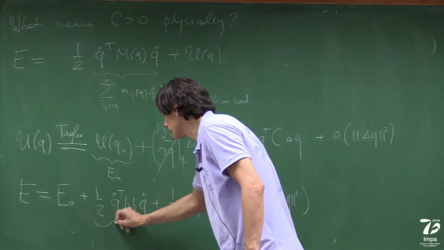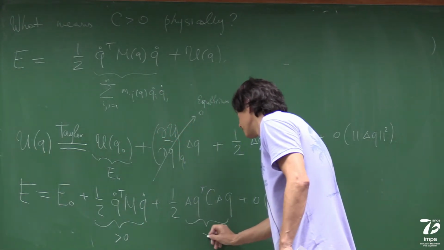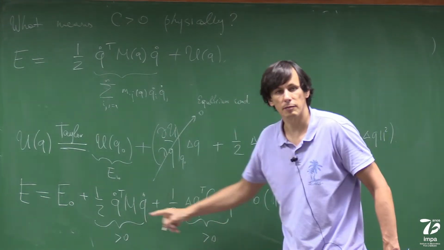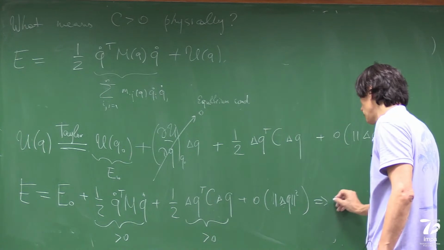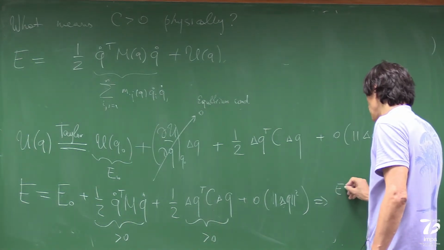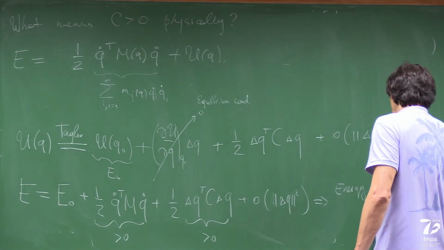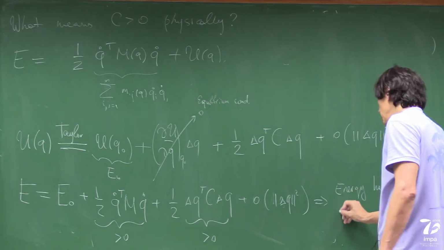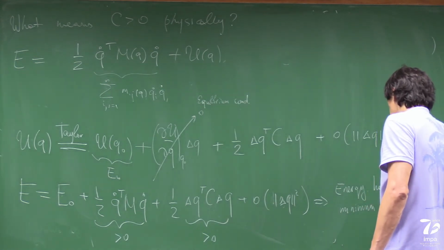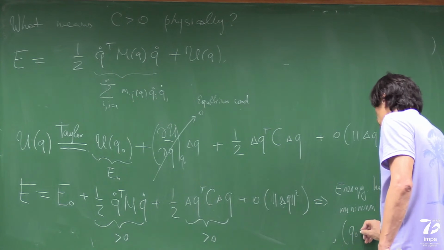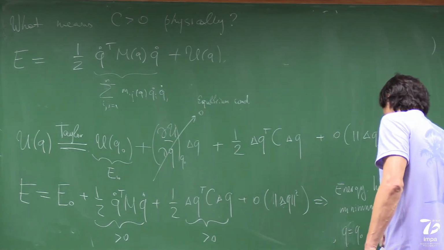So this is positive, and this is positive if the matrices are positive definite. So it means that energy has a local minimum at the point Q0, and Q dot equals 0.